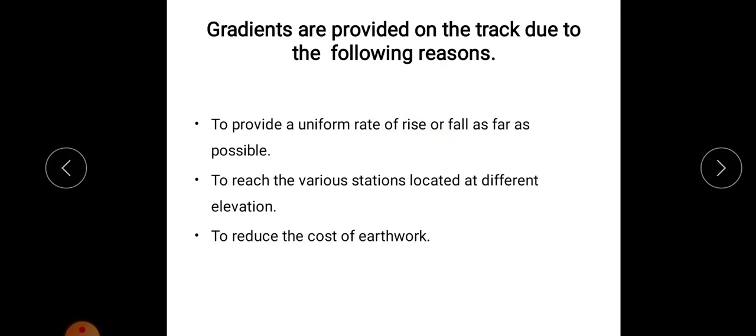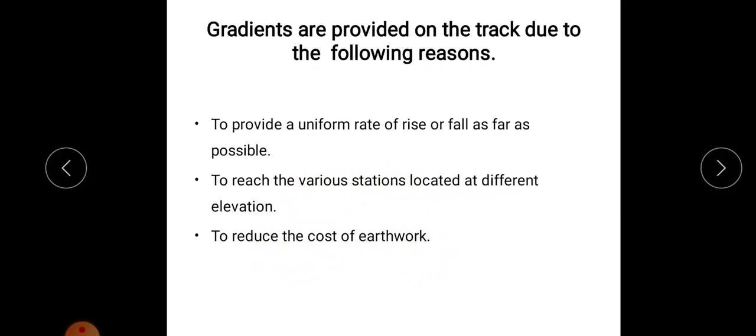Since our topography is varying, there will be rise and fall on the surface. So in order to smoothen these variations and to provide a uniform rise or fall, we provide the gradient. Another objective is to reach the various stations located at different elevations. By providing this gradient, we can reach stations situated at different elevations, and it also reduces the cost of earthwork.